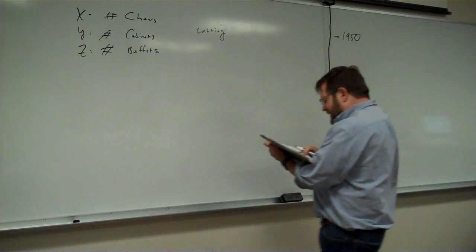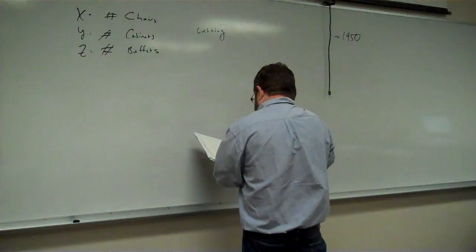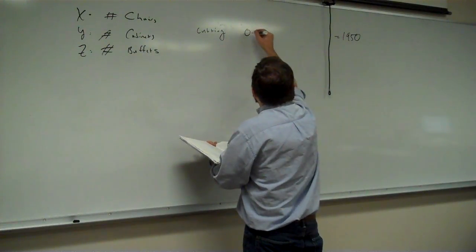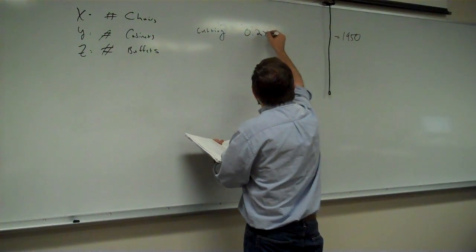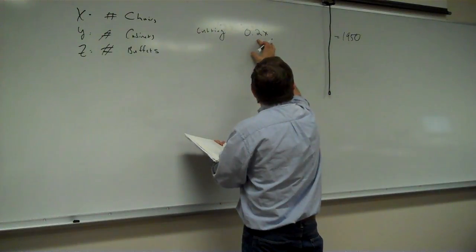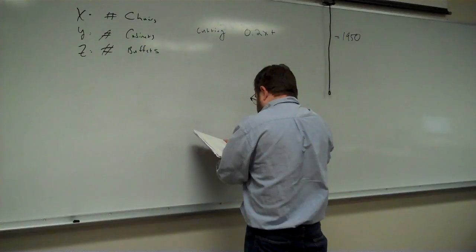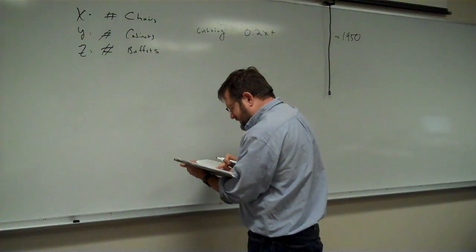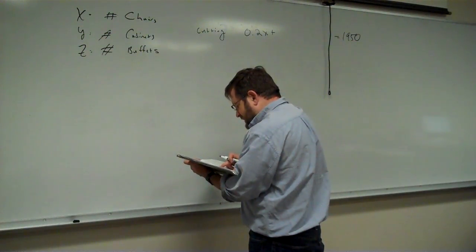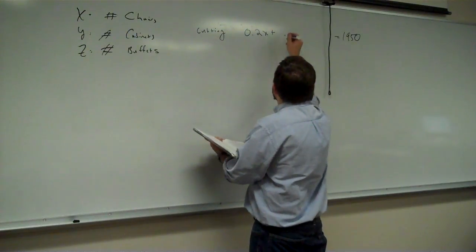So, chairs. We're going to need 0.2 hours times the number of chairs we make, 0.2x, plus, where's the cabinets?